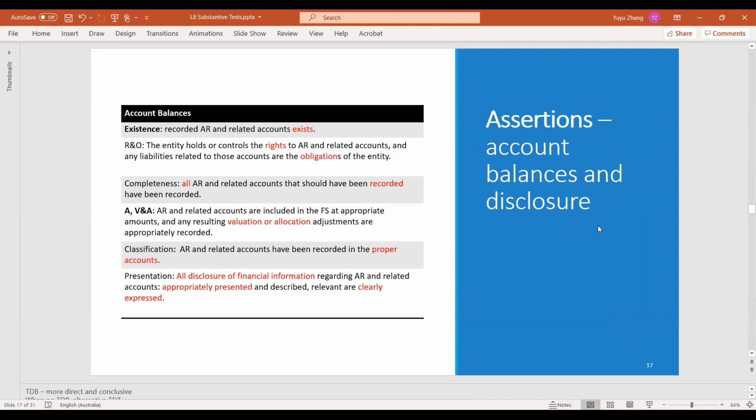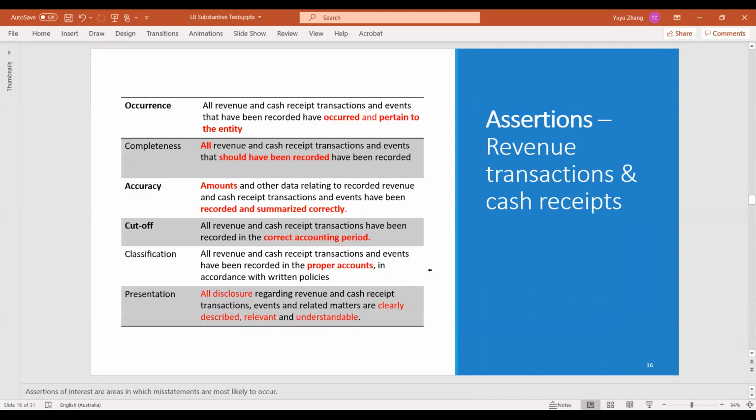I'm not going to go through them in detail, but would leave you some time to have a look at them. For the assertions on transactions: occurrence, completeness, accuracy, cutoff, and classification presentations. Something special is the cutoff, as raised by one friend here.